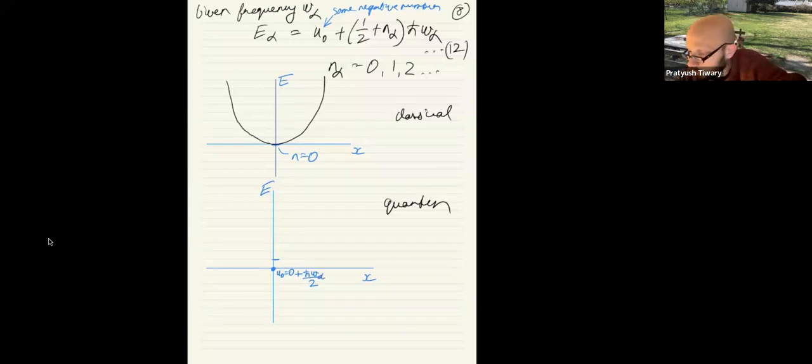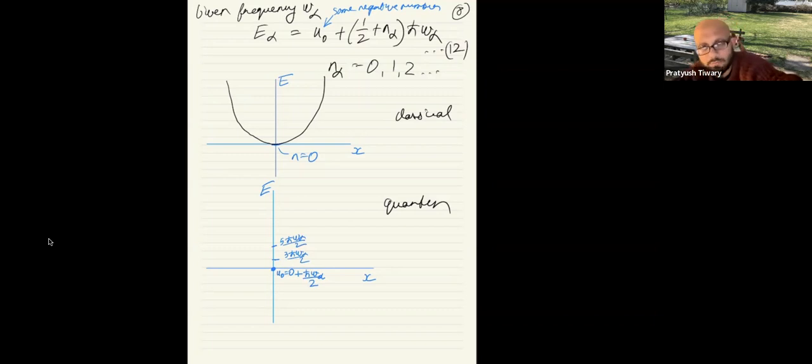The next one in this case, we have to add 1 to this thing, right? So the energy of the next one is going to look like 3 h cut omega alpha by 2. The energy of the second excited state is going to be 5 h cut omega alpha by 2. So all of a sudden the parabola has disappeared, but it still matters. And that is really the classical connection.